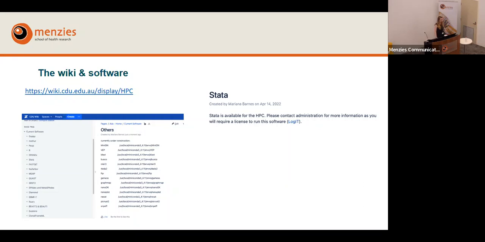Just one note: there is specialty software on the system, like the data I've previously mentioned. That's licensed software, and generally we don't hold any HPC licenses. If you are interested in licensed software, you might have to purchase it for your group, but it's nothing we can't do. Just have a chat to us. And this software list isn't set in stone, so it really is about what it is you need.